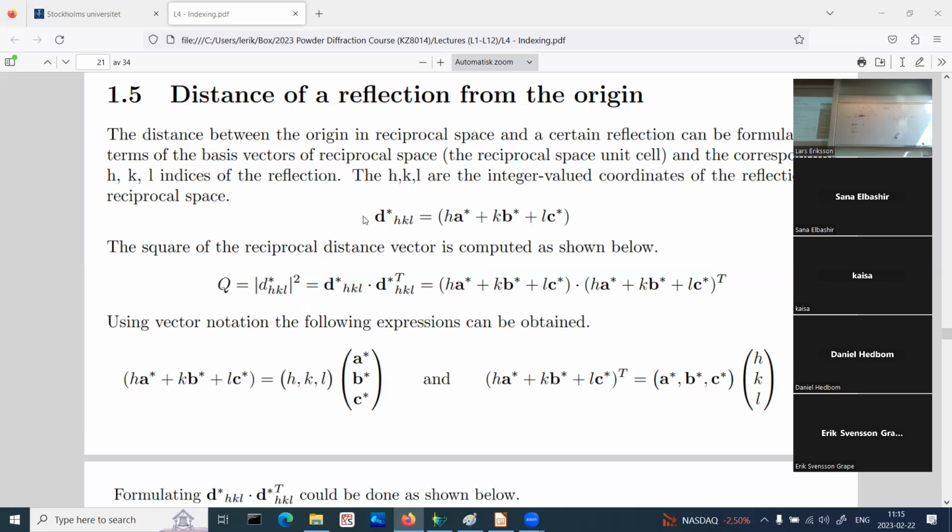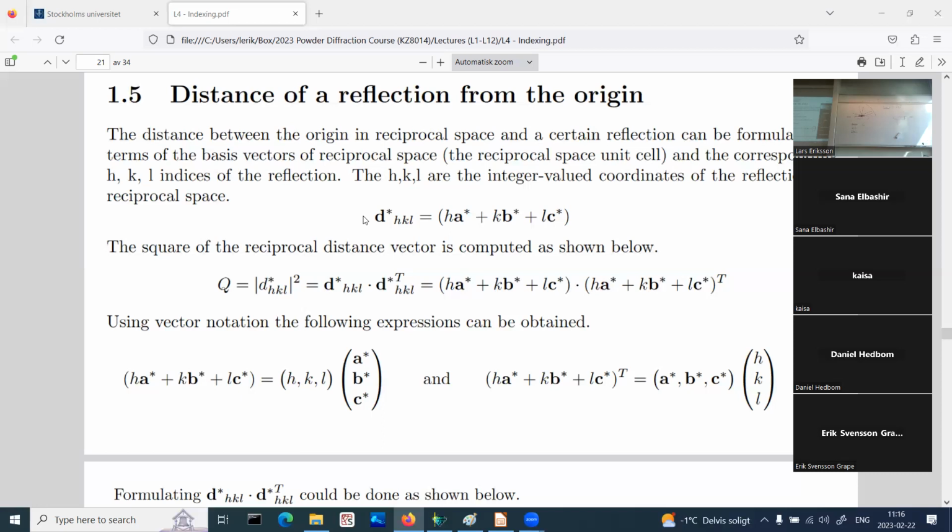This is a vector quantity, and maybe we want a pure number, a scalar. Then we can take the size of it and square it, for example. This is from history, actually.